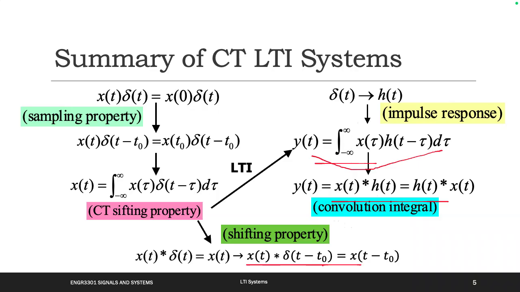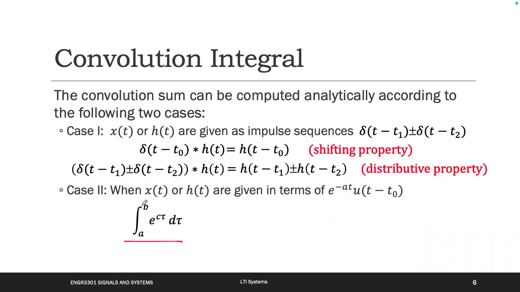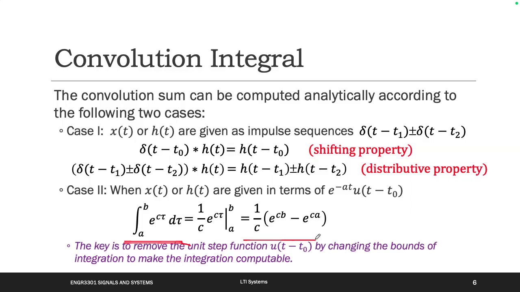There will be an integral, and your final result will be similar to this form, and then you will use this equation. This equation we talked about at the beginning of this class, and the key here is to remove the unit step function u.